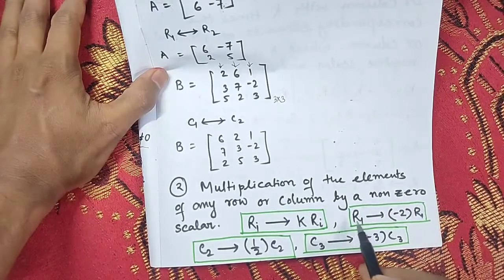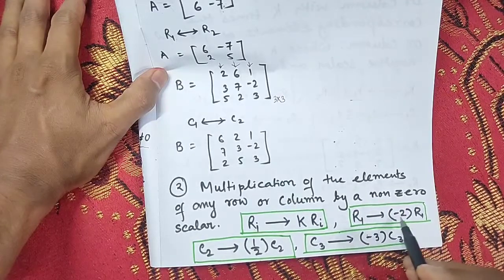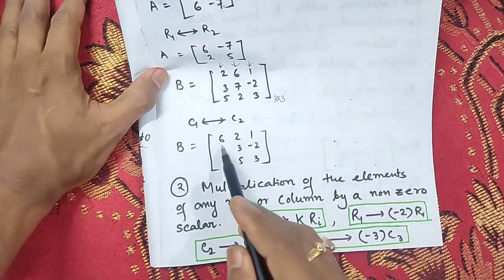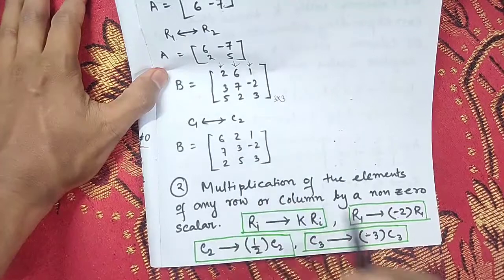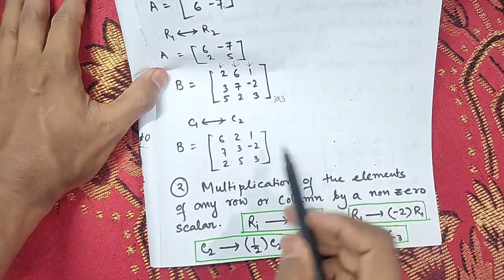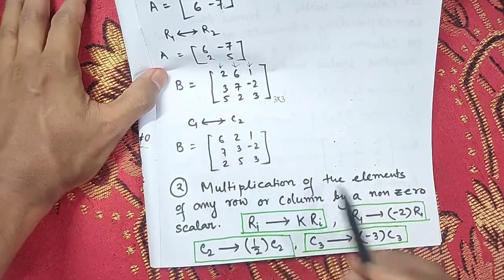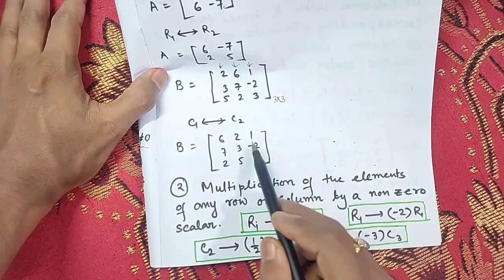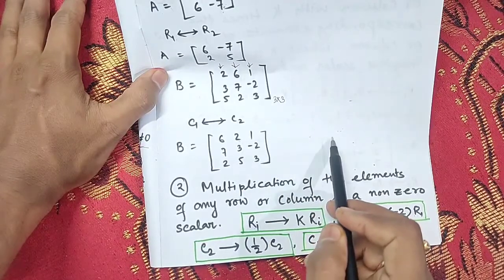R1, we are changing this row 1 by multiplying -2 with row 1. That means if we perform R1 → -2 R1 in this matrix, what will you get in the next step? You will get 6 times -2, that is -12, 2 times -2, that is -4, 1 times -2, that is -2.